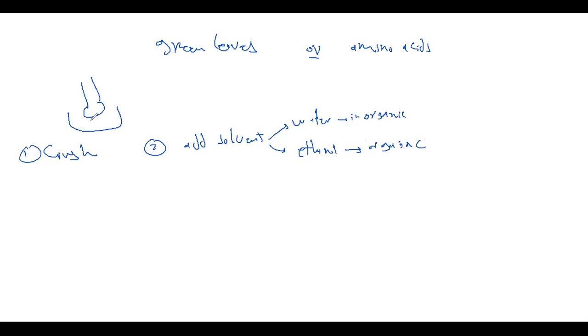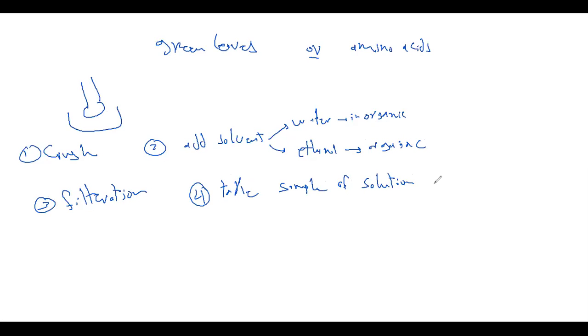Number three, filtration. Number four, take a sample of the solution on the baseline. After that, immerse the chromatograph paper in the solvent, while the baseline must be above.